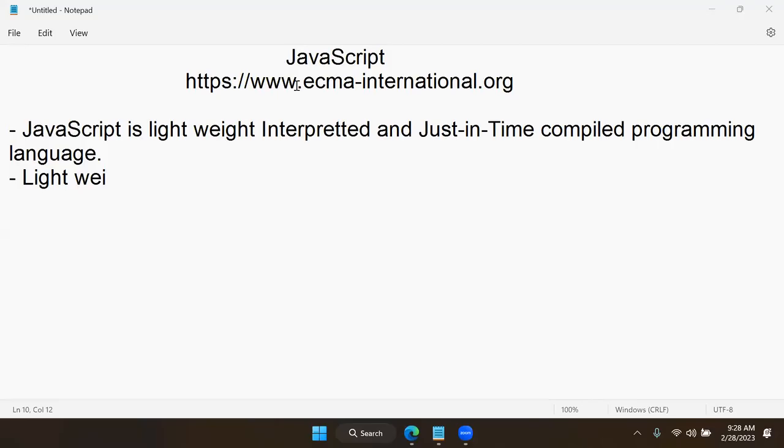Now, what is the meaning of this definition? The first point is lightweight.